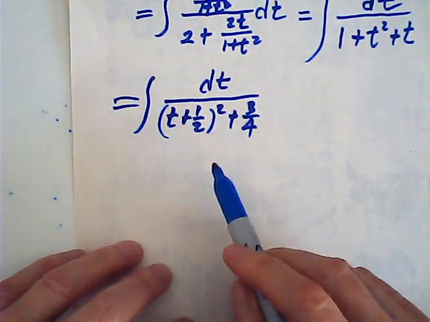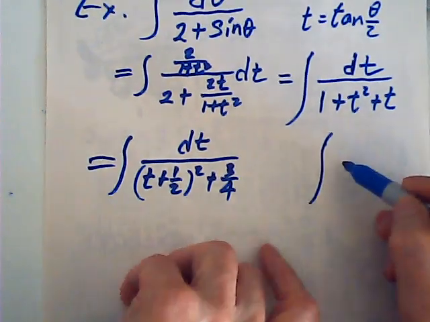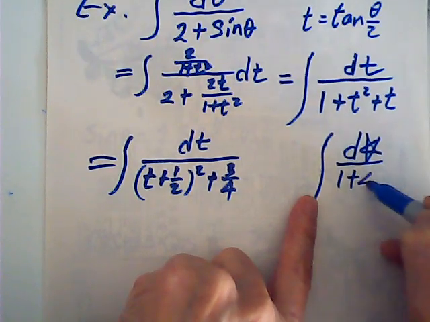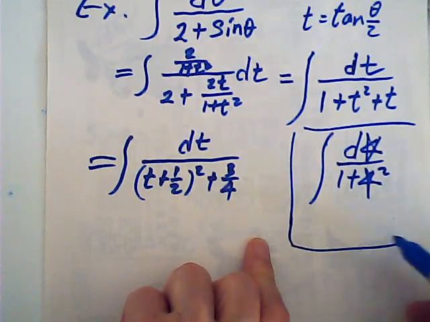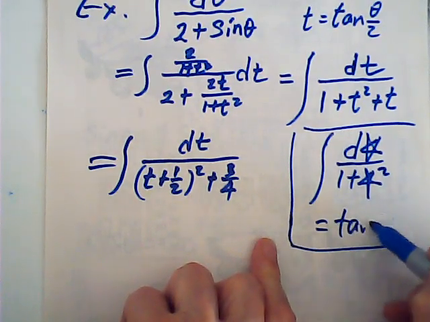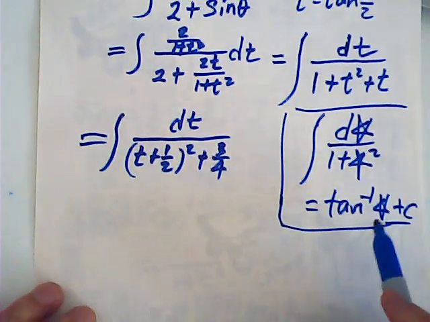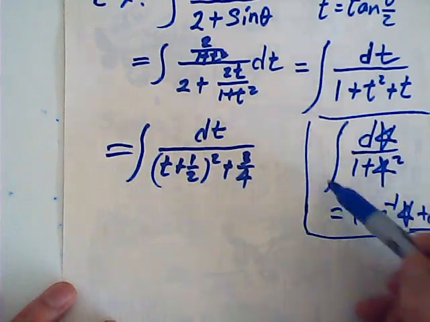Next, I know that we try to use this formula, right? dx over 1 plus x squared. We use this formula. This is equal to arctangent x, right? So we try to arrange this one into that form.